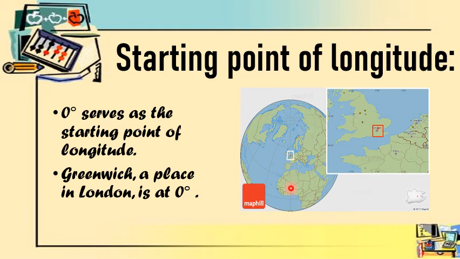This prime meridian is at 0 degree, and it serves as the starting point for the lines of longitude. And Greenwich, which is a place in London, is at 0 degree longitude. Here you can see it in the zooming picture. You can observe that it is present on the mid-one line or the prime meridian.